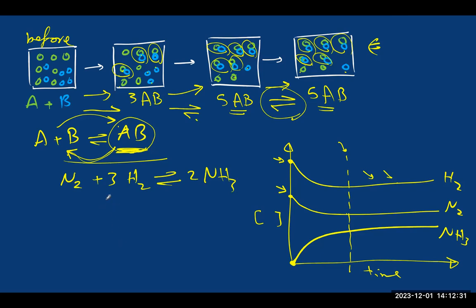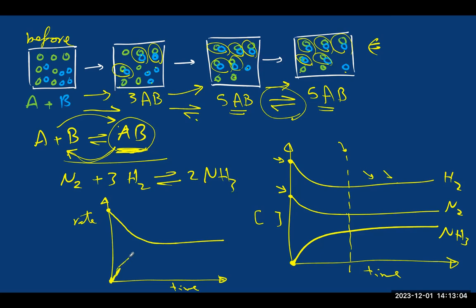Another graph that we can draw to show that we reached equilibrium: this is time and this is the rate. So we said that at the beginning, the rate of the forward was high and the rate of the reverse is zero because we don't have a reverse reaction yet. The rate of the forward will start high, but it will decrease by time because the concentration of the reactants will decrease, and the rate of the reverse will start with a lower value and it will increase.